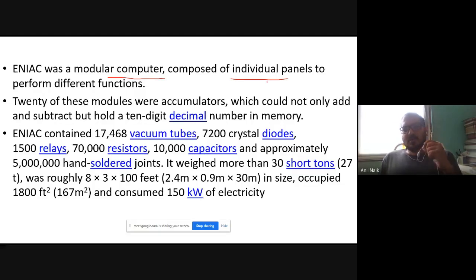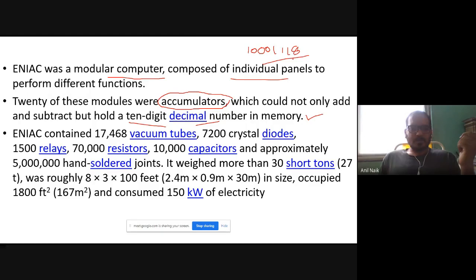Twenty of these modules were accumulators, meaning registers, which could not only add and subtract but also hold 10 digit numbers in memory. So ENIAC was storing 10 digit data in memory. ENIAC contained 17,468 vacuum tubes.